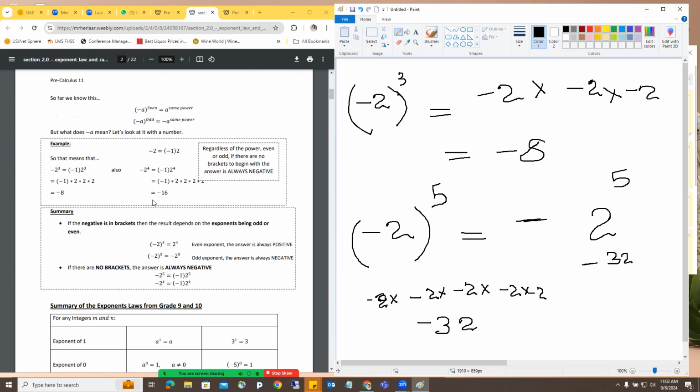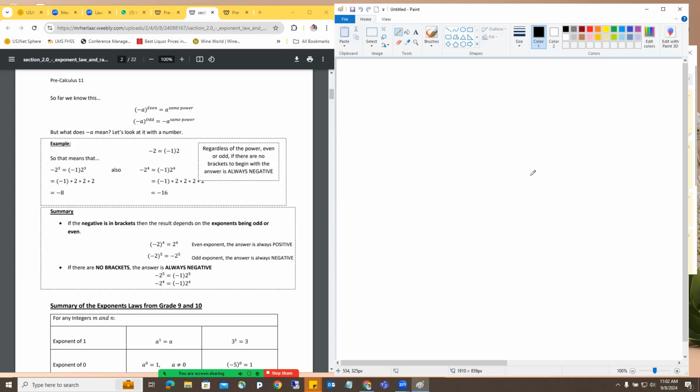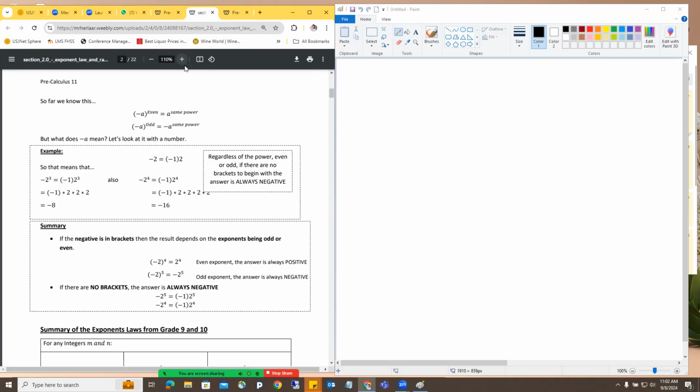Now, as for the second thing, quickly moving forward. If you need any further explanations, tell me. The next part is the summary they have given us. If we have an even power, we can neglect the bracket with the negative base, we can consider it as positive. Those two answers are equal.